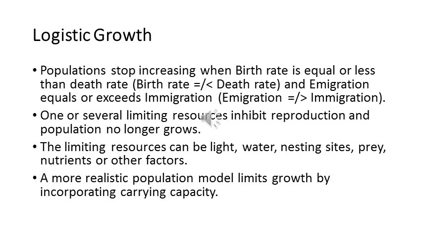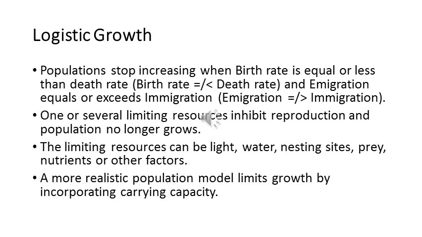One or several limiting resources inhibit reproduction, and the population no longer grows in this condition. It may be due to more mortality and an aging population, which does not have the same reproductive potential as the younger ones. The limiting resources may be light, water availability, nesting sites.